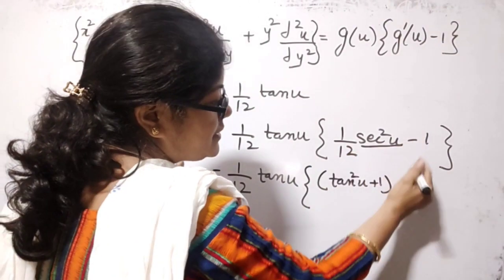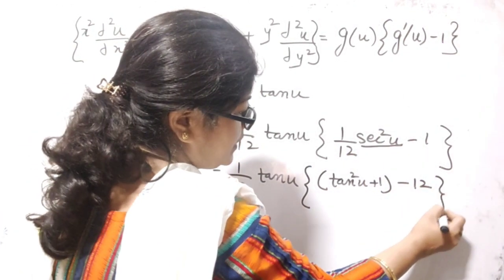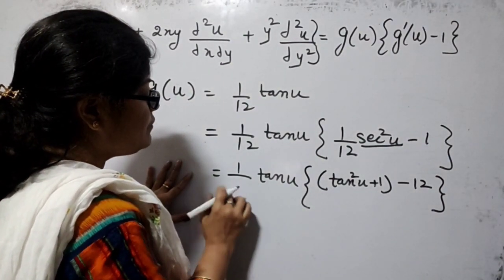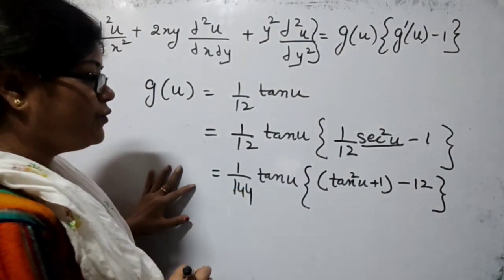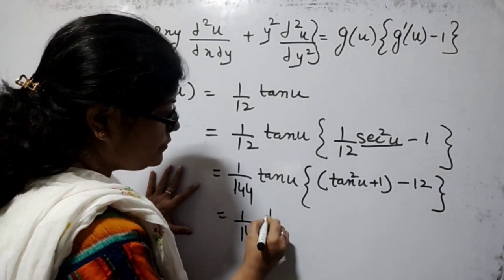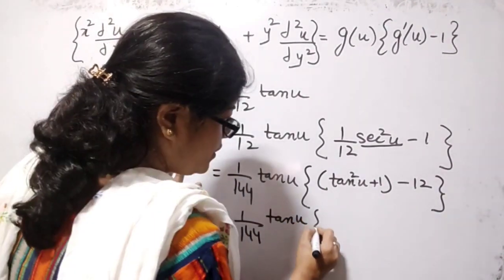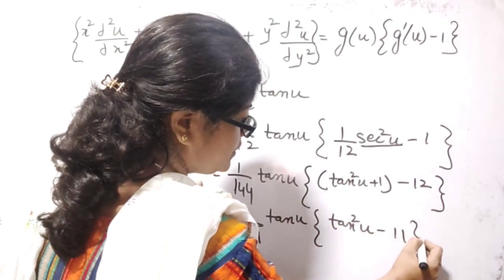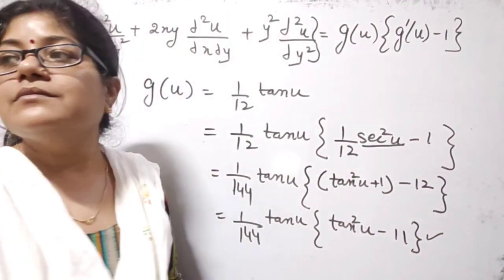And this is 12, that is minus 12. And 12 comes out here. So it becomes 12 into 12, 144. So what we get? 1 upon 144 tan u, now here tan square u minus 11. So this is the result.